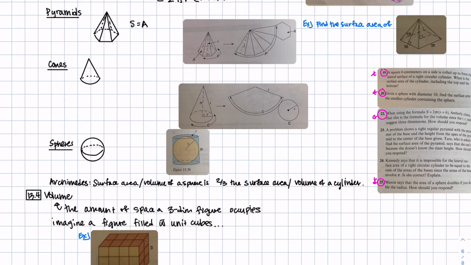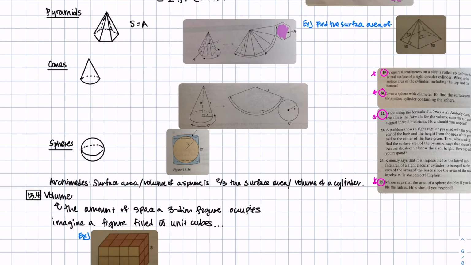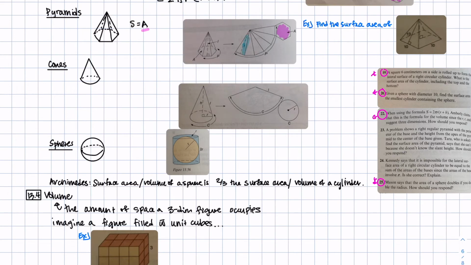And then I need to add, so that accounts for this piece. But I also need to account for these other little triangles that come in here, right? And so we measure them as triangles.